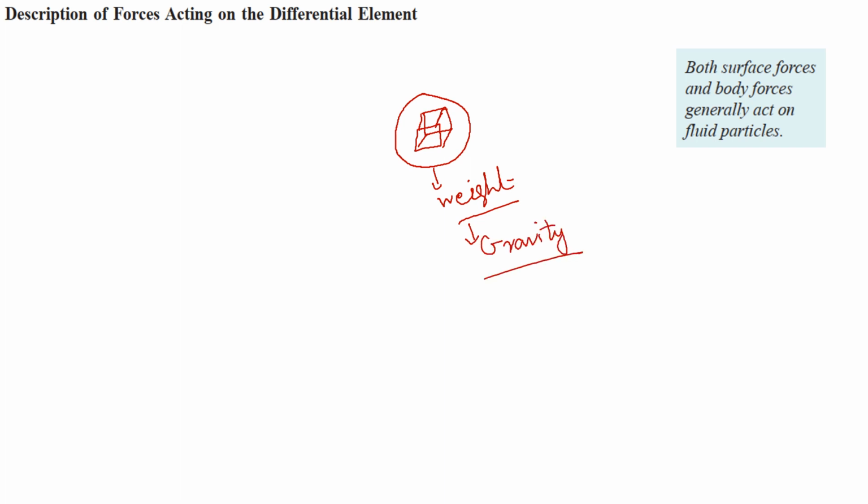So this is our body force, and if we write our equation F equals ma in terms of our body forces, then that equation will look like this: delta Fb is equal to delta m g. This force is actually being applied on a small amount of mass that results in the gravitational acceleration.